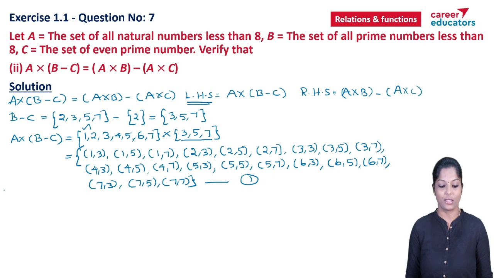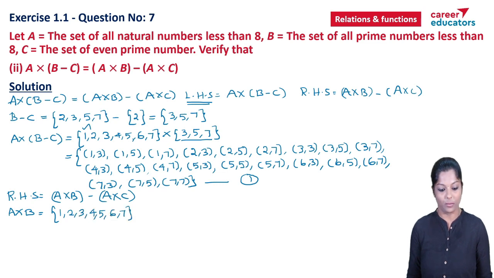Next, we have to find RHS. RHS equal to A cross B minus A cross C. To find RHS, we have to find A cross B and A cross C. Then we have to exclude the elements of A cross C which are present in A cross B. A cross B. Write all the elements of A: 1, 2, 3, 4, 5, 6, 7, cross, write all the elements of B: 2, 3, 5, 7.